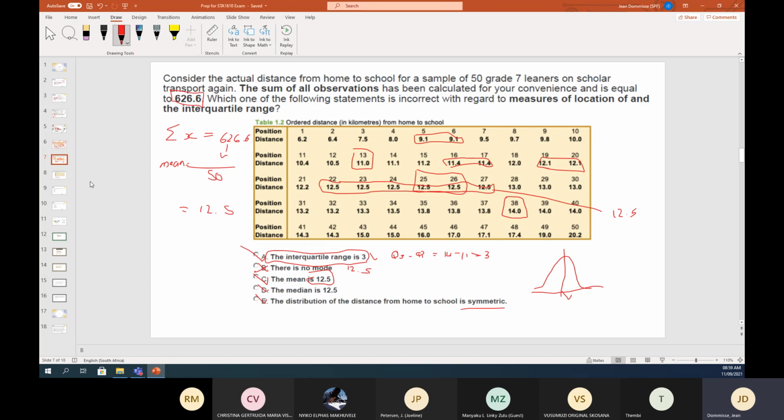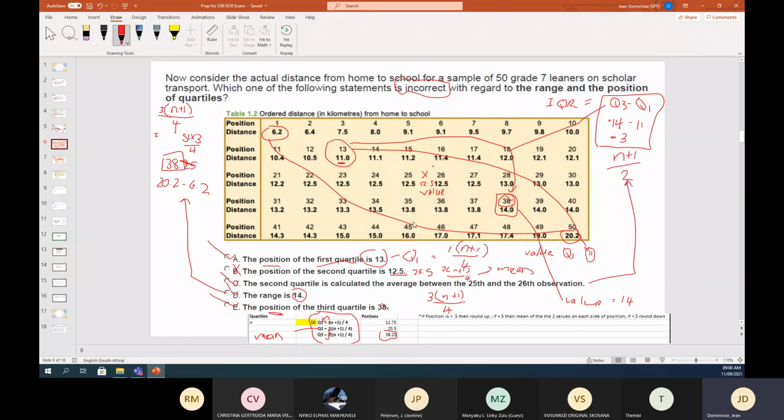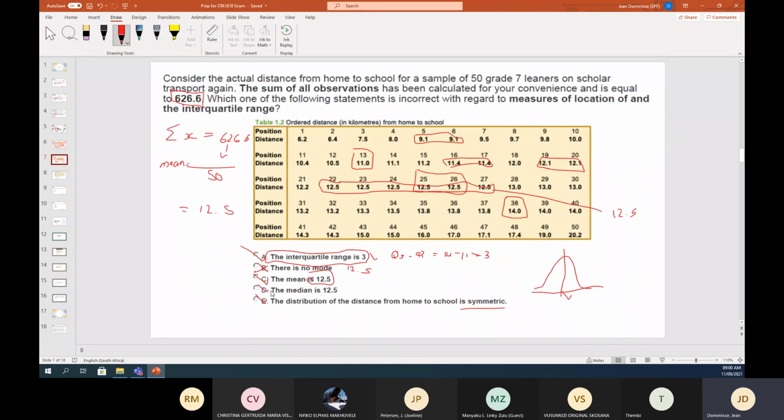Okay, so again, you can see they use a table that they would get out of chapter 2, and then they can ask you nearly all of the questions to do with chapter 3. So we've got positioning, we've got mean, median, and mode.